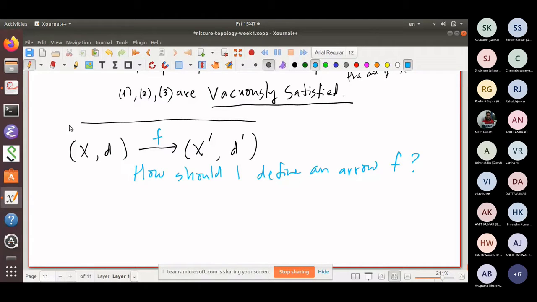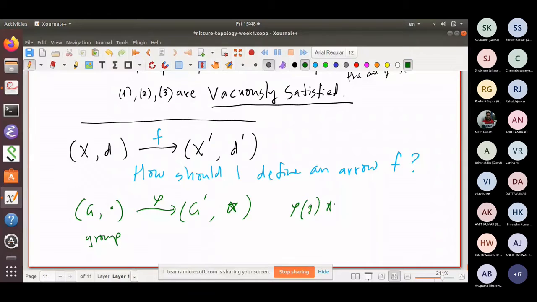So let's take some inspiration from our group theory. In group theory, you had G, and this is a group. And there was another one, G prime, with its operation, and I want to have some phi. And then what did you demand? Phi of g star h equals phi of g dot h.